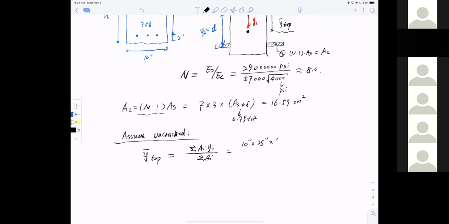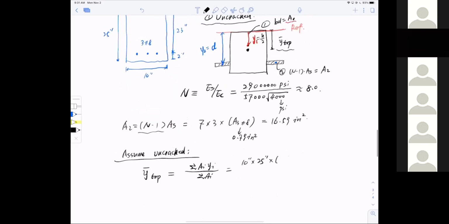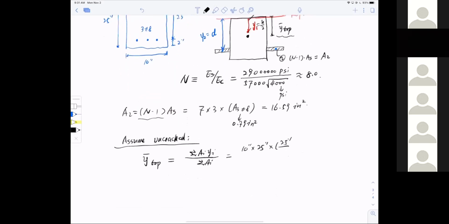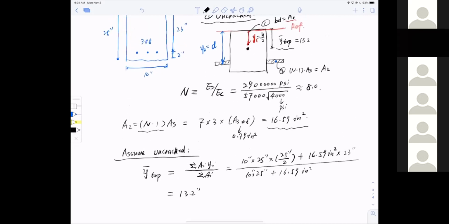The distance to the center of the block is 25 inches divided by 2, plus the second area, which we already calculated as 16.59 inch squared, multiplied by the depth, which is 23 inches. Divided by the total area, 25 multiplied by 10 plus 16.59 inch squared. Immediately I get y top equal to 13.2 inches. So just mark down here, this is 13.2 inches.